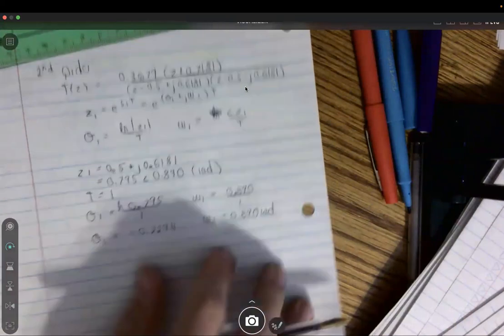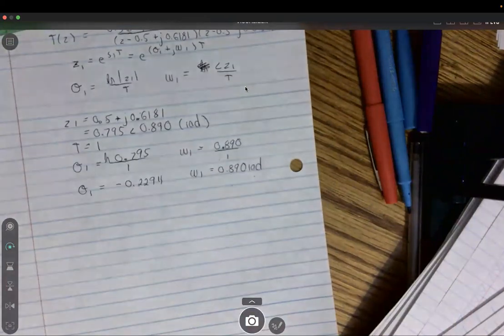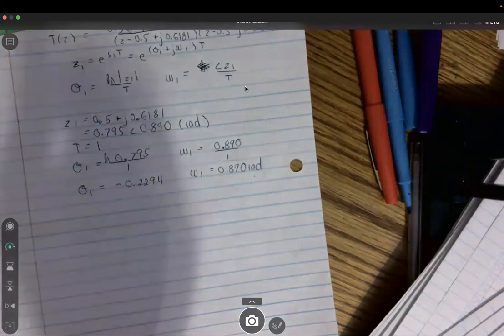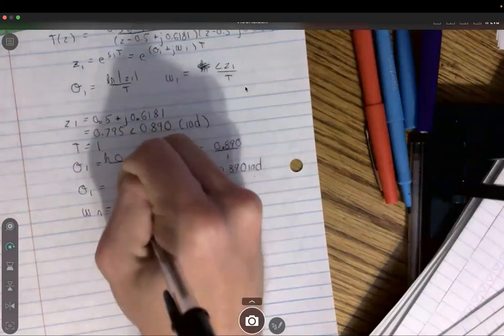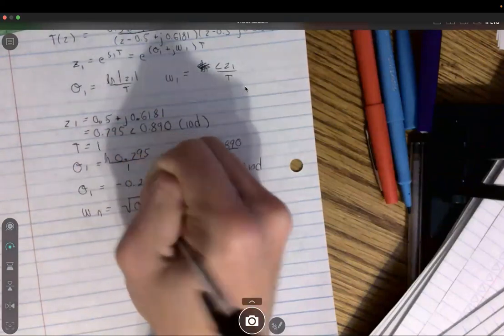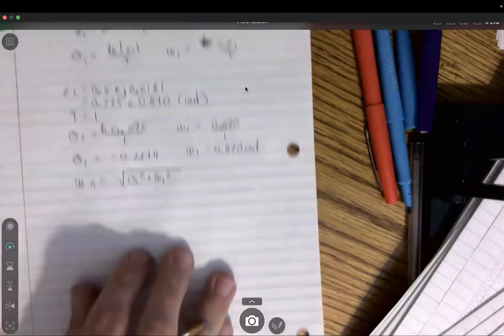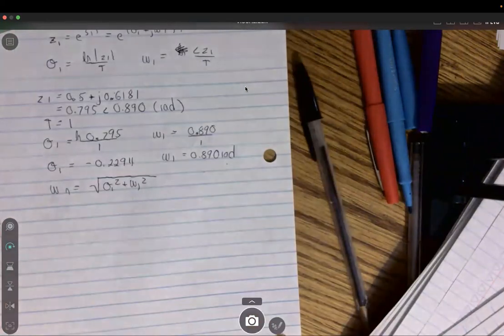And so what we're going to have to do is remember for a second order system, our omega n is equal to the square root of sigma 1 squared plus omega 1 squared. I'm throwing a lot of equations.